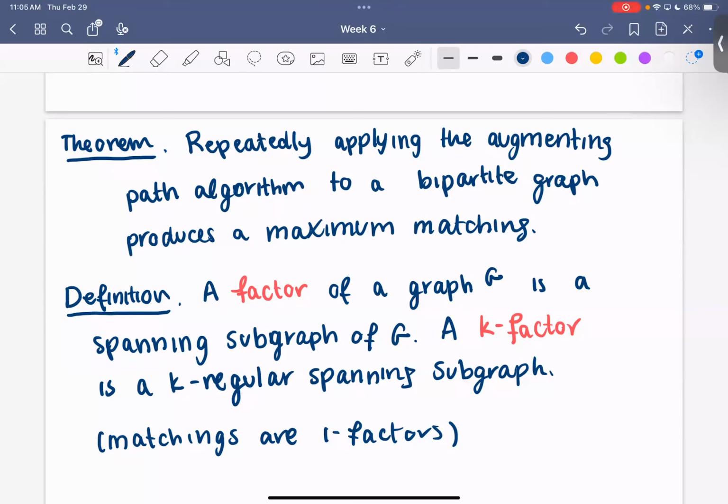I guess we've talked about spanning trees, but that's not the same thing because trees are not K regular for any K. We kind of touched on this way back when we were talking about Eulerian circuits, except that those were allowed to pass through the same vertex more than once. So if your Eulerian circuit is a cycle, then that would be a 2 factor.